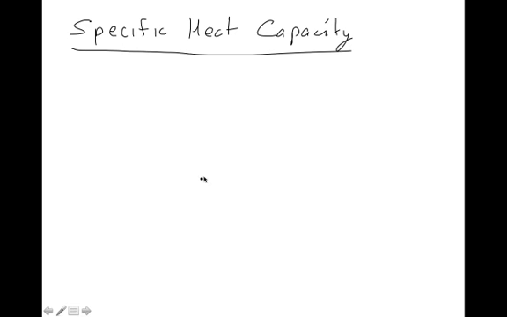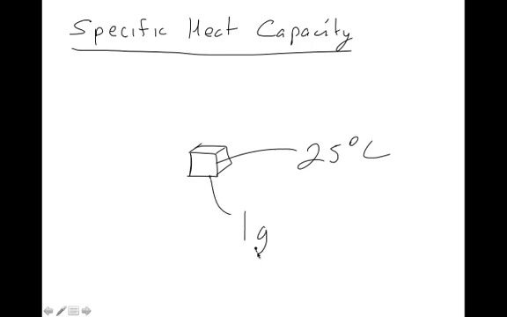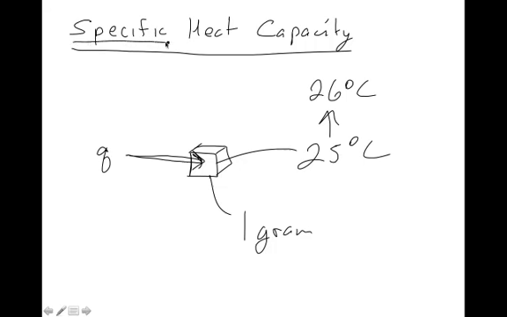So for example, if I had a little block of aluminum, say 1 gram, at 25 degrees Celsius, and I wanted to raise its temperature to 26 degrees Celsius, heat, Q, would need to flow in to the block. Now, how much Q do I need to add to raise the temperature 1 degree Celsius? Well, the amount that I need to add is the specific heat capacity. That's what we define that as.